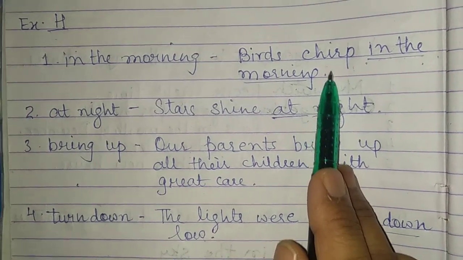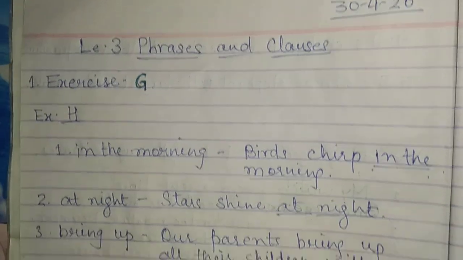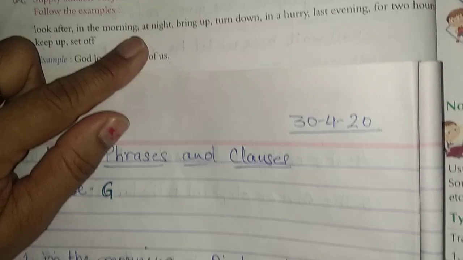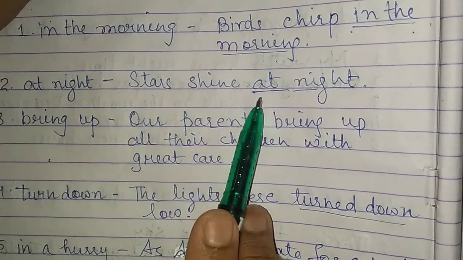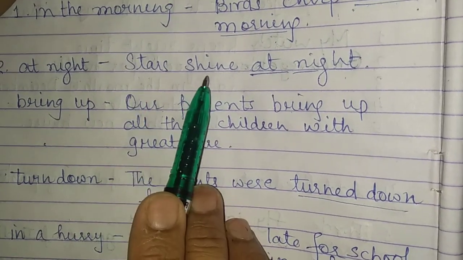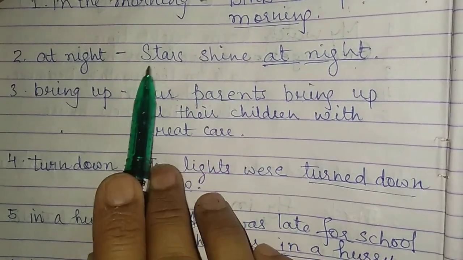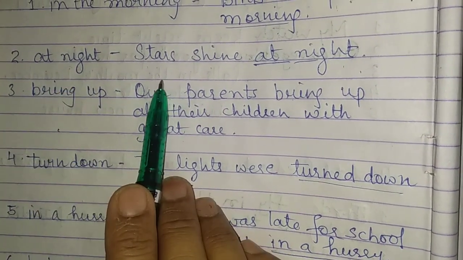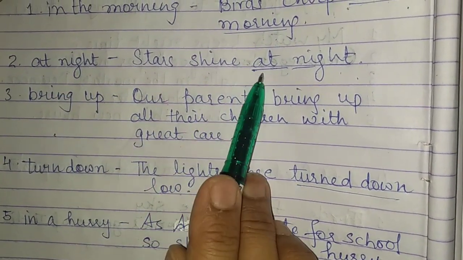Clear? Now come to the next phrase, and that is at night. Stars shine at night. By adding subject and verb, I make the proper sentence with the phrase at night. Clear? Stars shine at night.